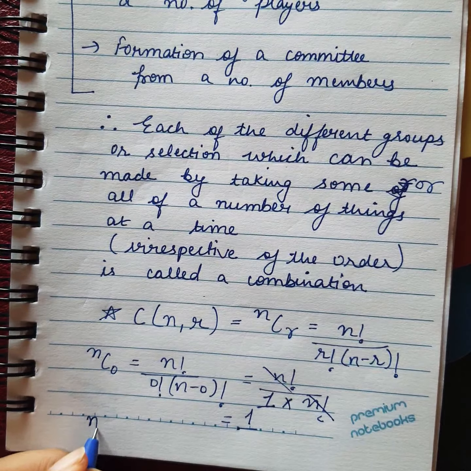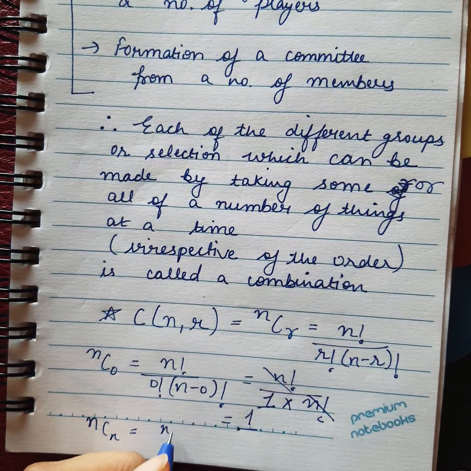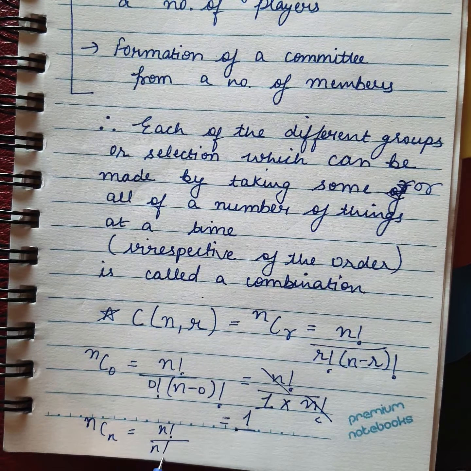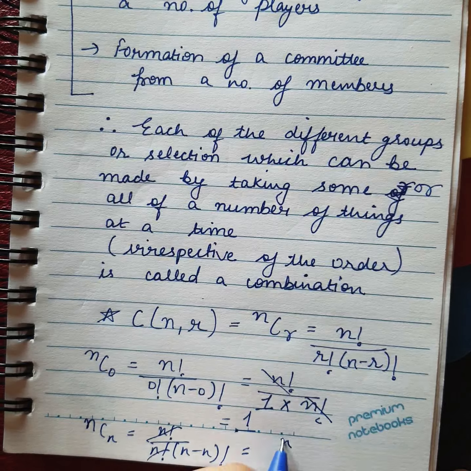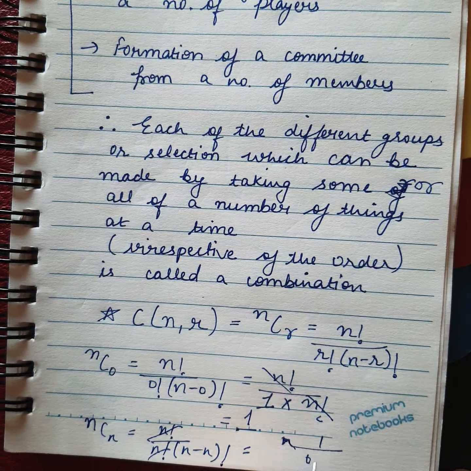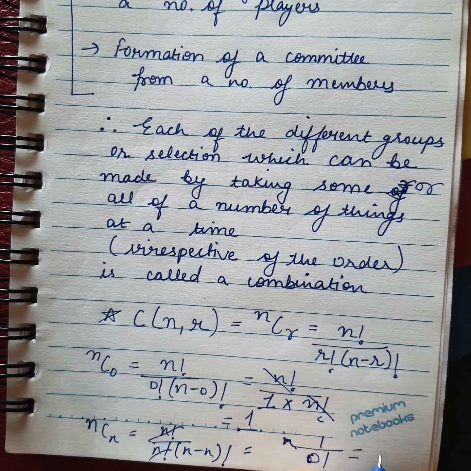Same way if you try nCn, we have n factorial upon n factorial into n minus n factorial. This we can cancel, so it is 1 upon 0 factorial, which is 1. So nC0 and nCn are always going to be 1.